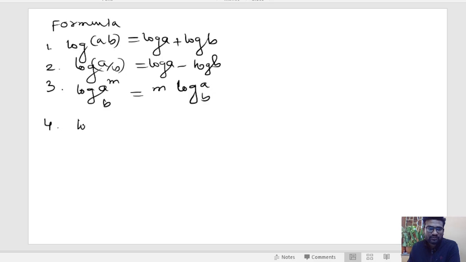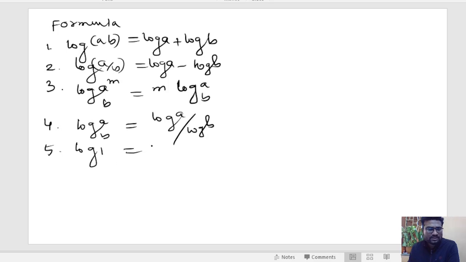And log of a base a, the function log a by log b, and again log of one is equal to 0. And formula number 6, a to the power log b base a, so we can write b.